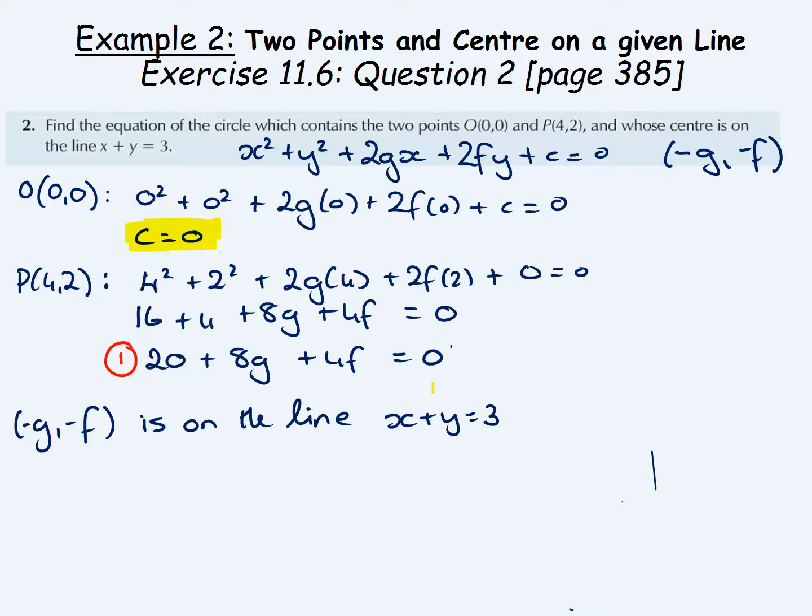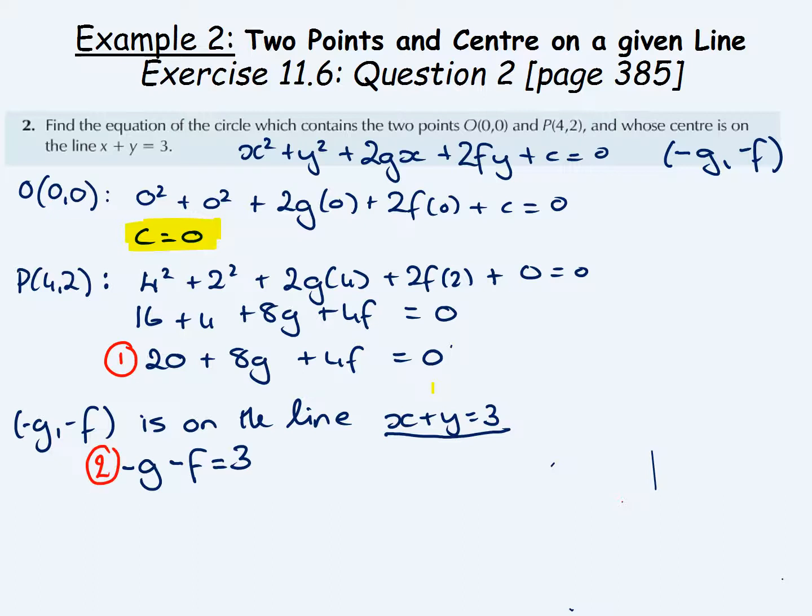So if I sub that in, it should work. So I get minus g minus f equals, sorry, it does not equal 0, it actually equals 3. Apologies. So we're just subbing into this equation here. So that gives us our second equation in f and g.